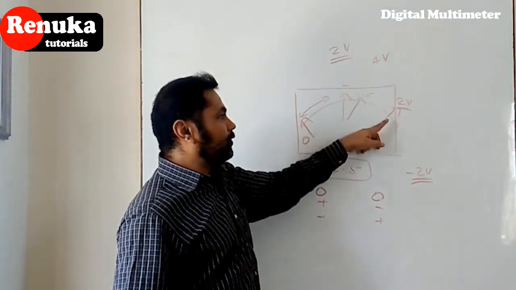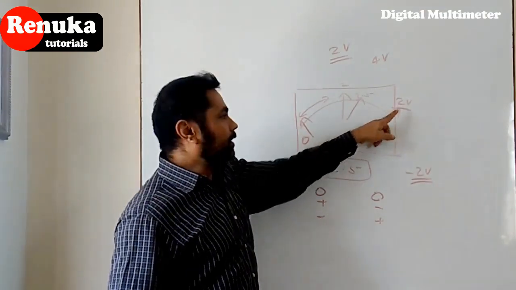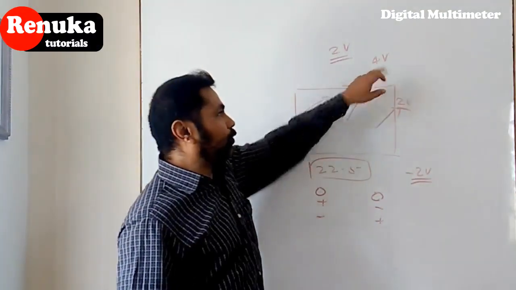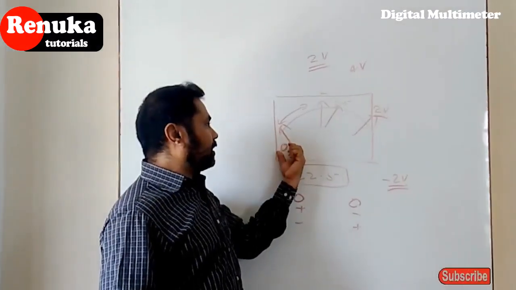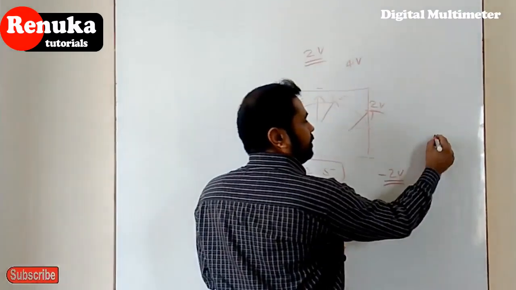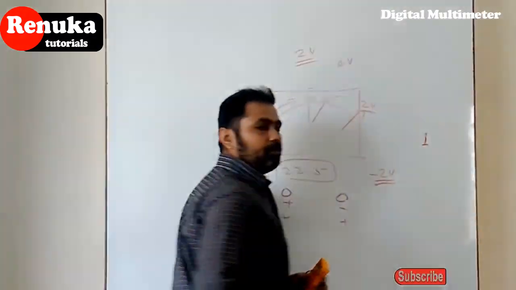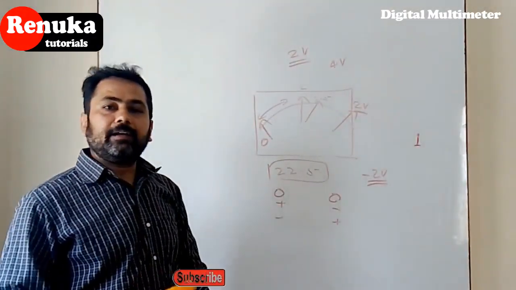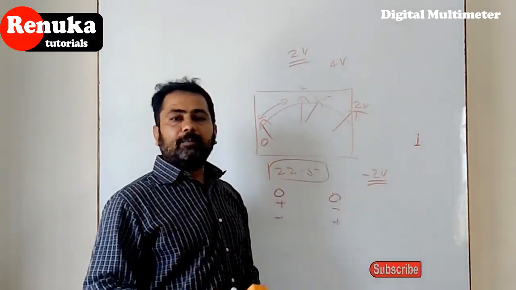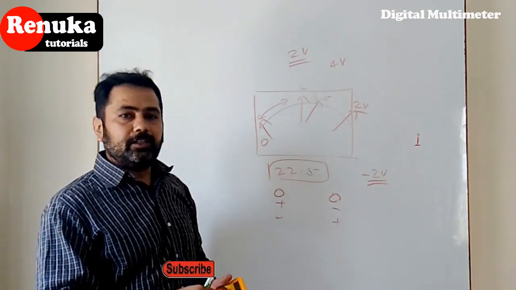So here we will take the erroneous reading that it is 2 volt. But in a digital multimeter, if 4 volt is given and the range is selected between 0 to 2 volt, it will show a digit 1 at the MSD position. So it will indicate that it is over range, and this will be corrected by taking a higher range here.